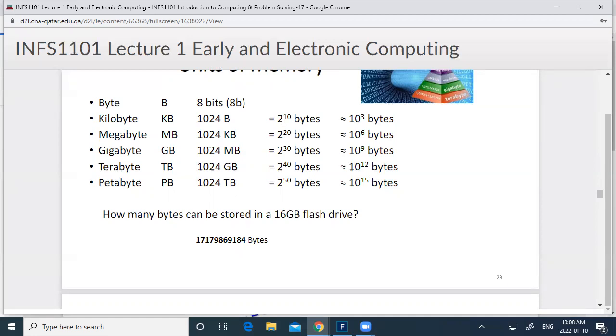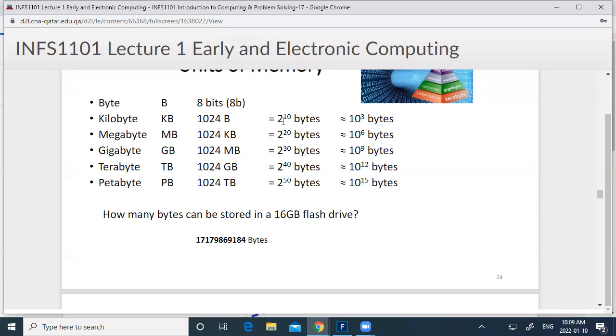You're going to actually do this maybe in your math class, but you're going to do a little bit of this in this class, where we'll do some conversions between base 2 and base 10. As I said, the computer uses base 2. But when we talk about it, we talk about it in base 10 because that's what we're more familiar with, right? So we can say 10 to the 15 means 10 with 15 zeros. That's a quadrillion.